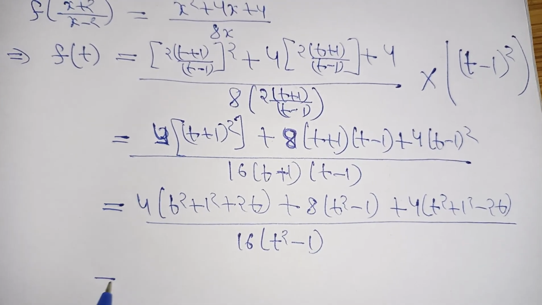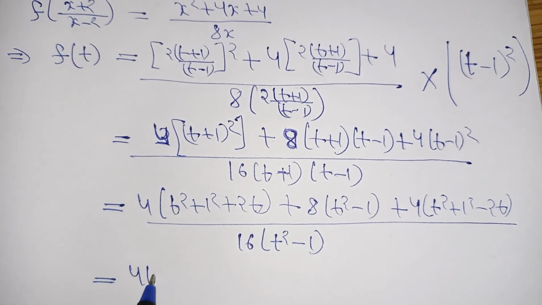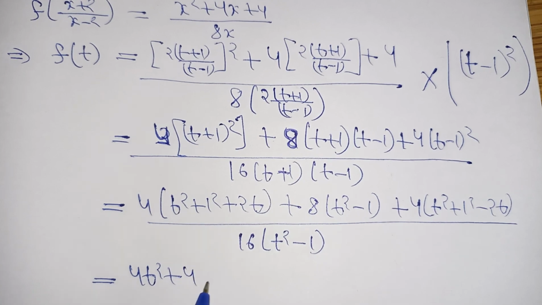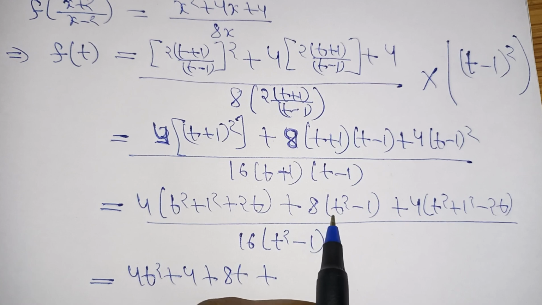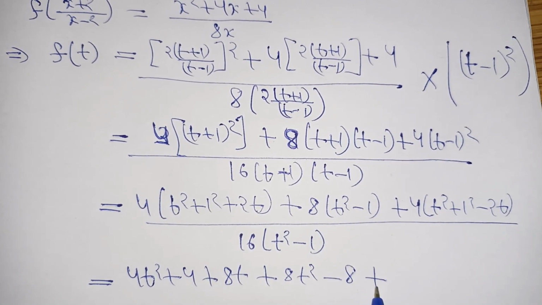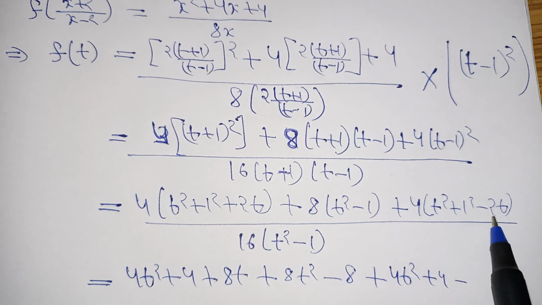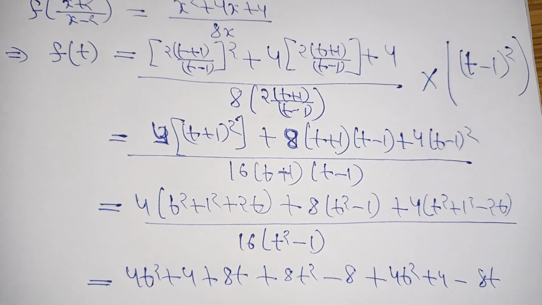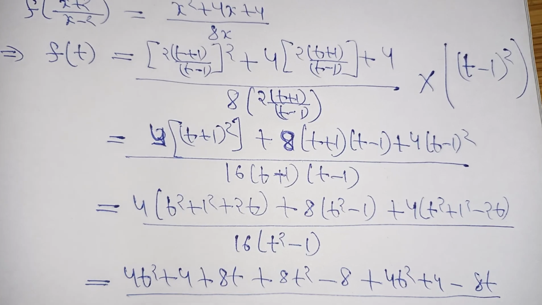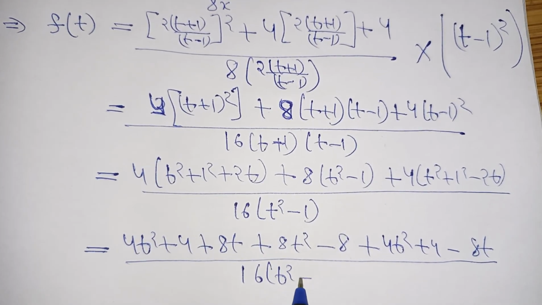Right, now by multiplying 4 to all terms, we have 4t square plus 4 into 2t is 8t, plus 8 into t square is 8t square minus 8, plus 4 into t square is 4t square plus 4, minus 4 into 2t is minus 8t, divided by 16 (t square minus 1).